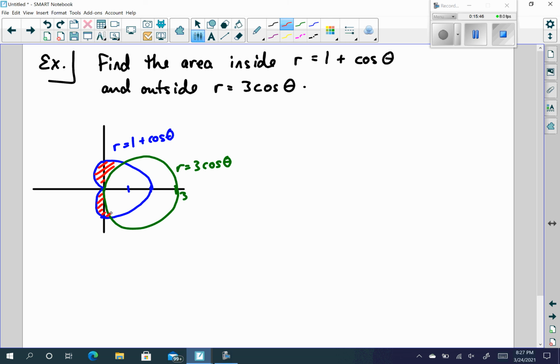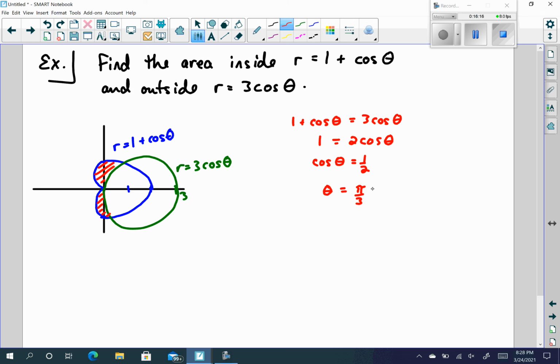But again, we need to find where these curves intersect. So let's set 1 plus cosine theta equal to 3 cosine theta. And we'll subtract cosine theta from each side, so we get 1 equals 2 cosine theta. So cosine theta is going to equal 1/2, and cosine theta equals 1/2 when theta is pi over 3.